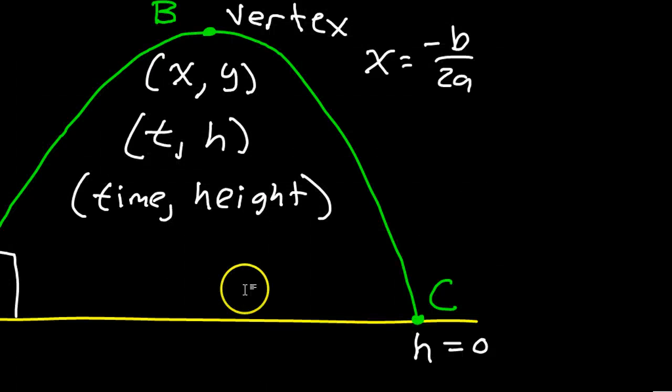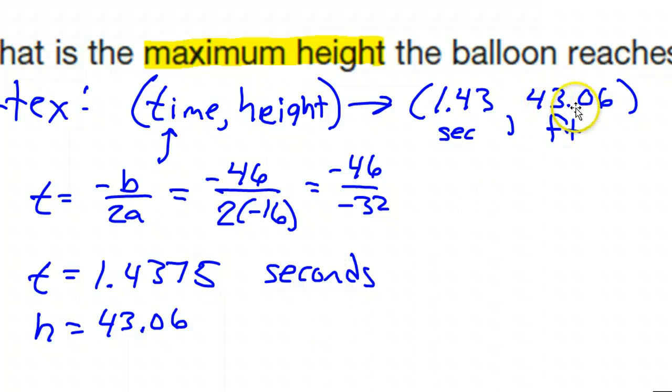So this is the vertex, which you know is at the very top of this path. That means that 43.06 feet is the maximum height, and 1.43 seconds is how long it takes the balloon to get there. Anyway, the answer to the question, what's the maximum height, is 43.06 feet. That's the answer.